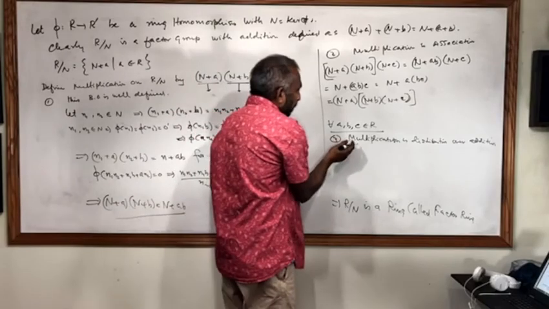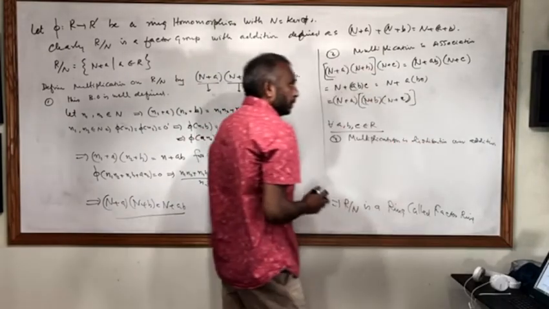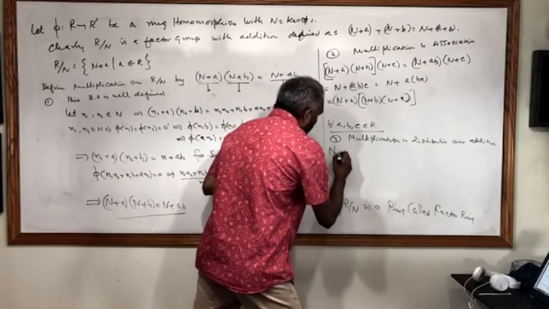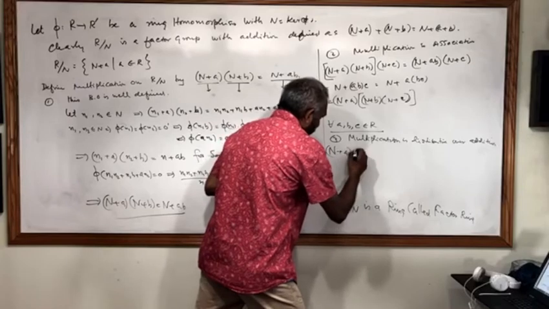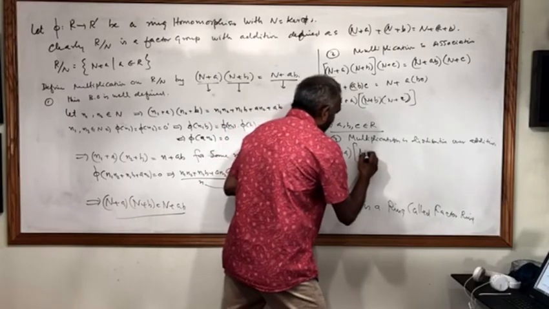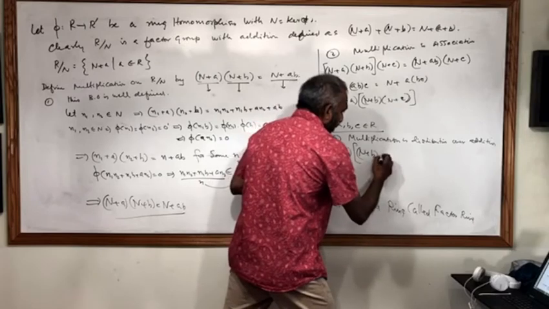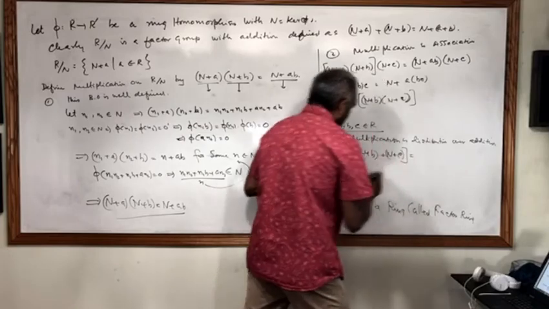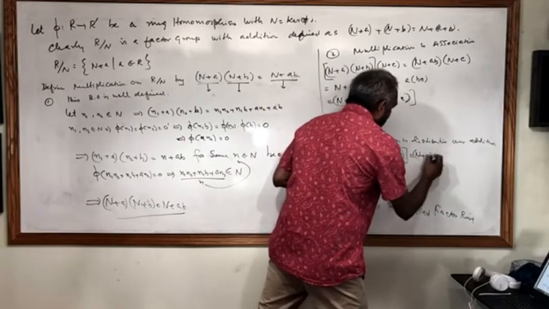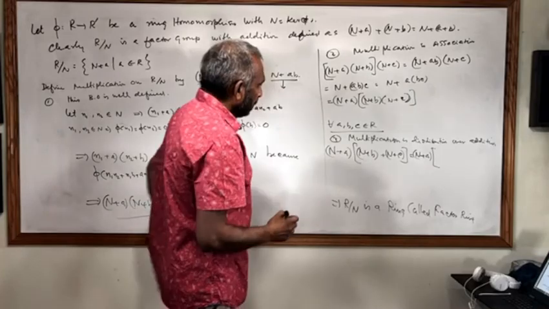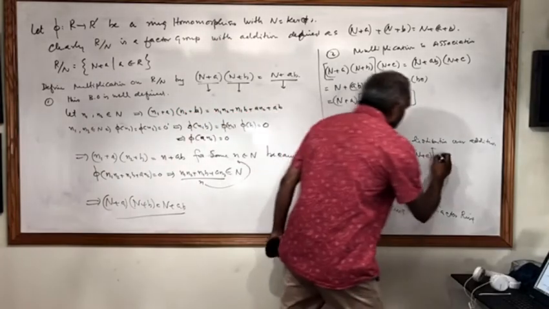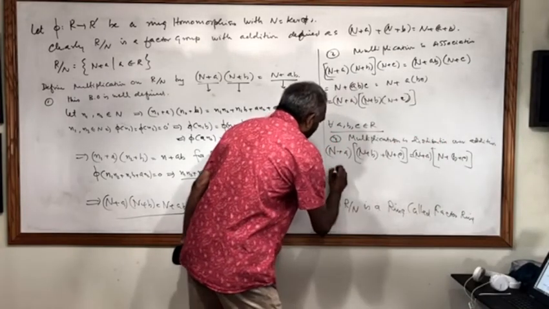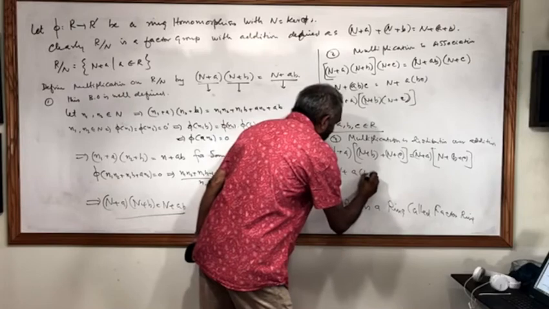Now this multiplication is distributive over addition. That means (n + a)((n + b) + (n + c)) is equal to (n + a)(n + (b + c)), and that is equal to n + a(b + c).